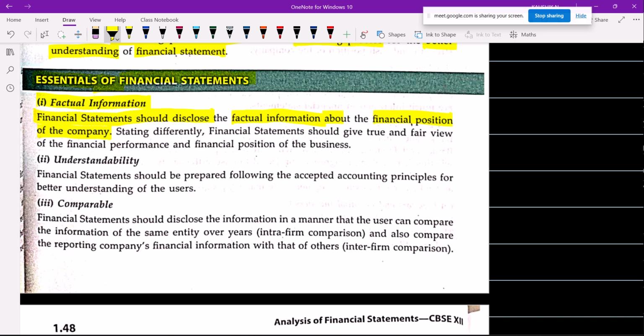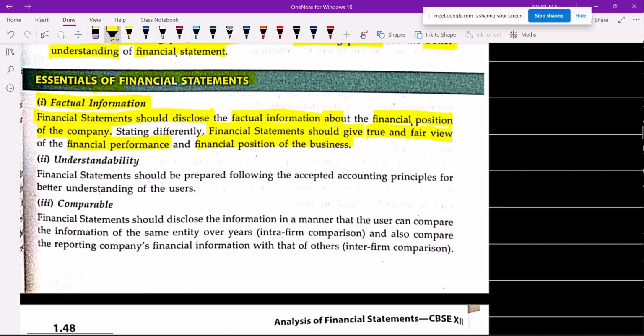What is the current financial position of the company? That should be disclosed by the financial statement. Or it could be stated differently: financial statements should give a true and fair view of your financial performance and financial position of the business.